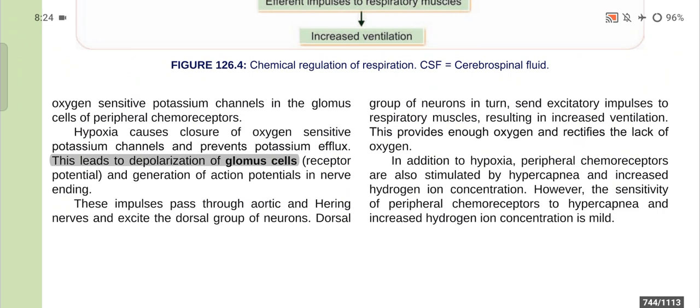This provides enough oxygen and rectifies the lack of oxygen. In addition to hypoxia, the peripheral chemoreceptors are also stimulated by hypercapnia and increased hydrogen ion concentration. However, the sensitivity of peripheral chemoreceptor to hypercapnia and increased hydrogen concentration is very mild.